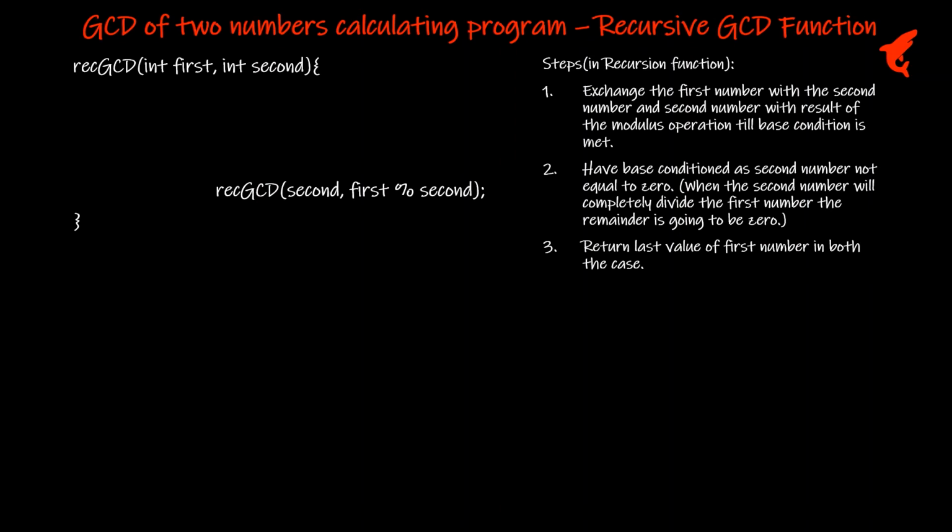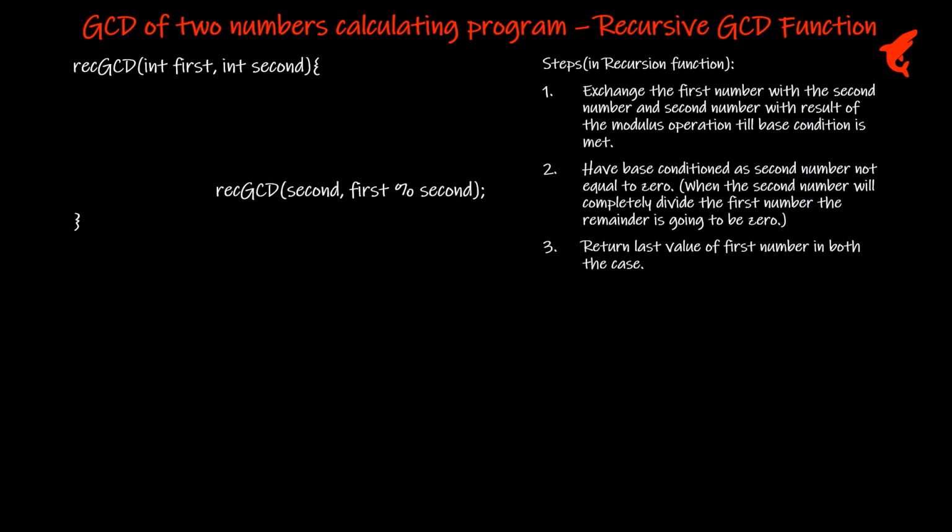This will assign the value of second to the first parameter in the next call. Similarly, it will assign the value of first modulus second to the parameter second in the next call. So here we are reassigning the value of second to first and first modulus second to second, and we also are repeating the operation by making the call again to the same function.